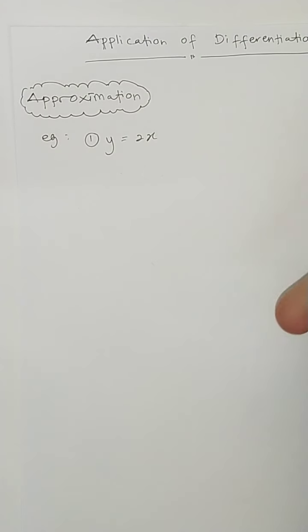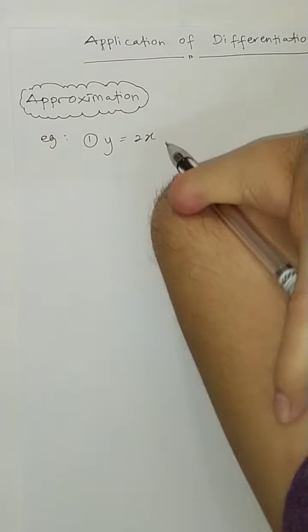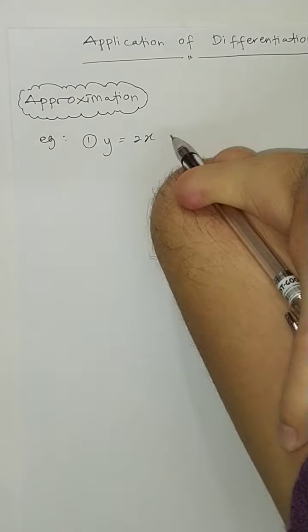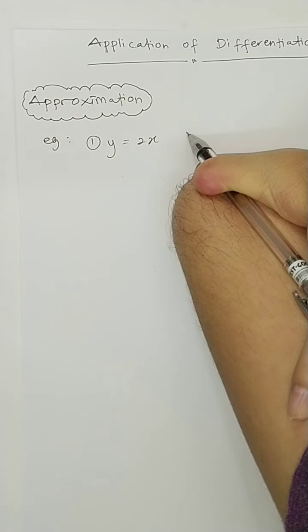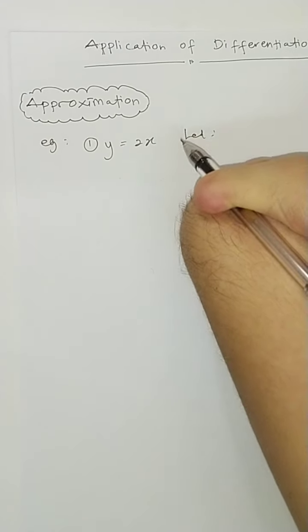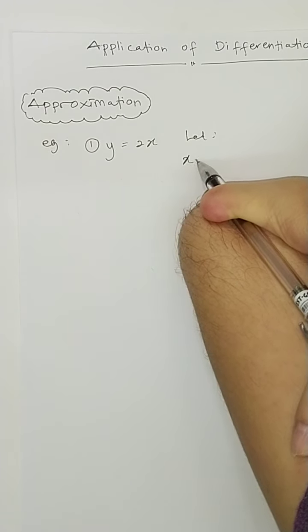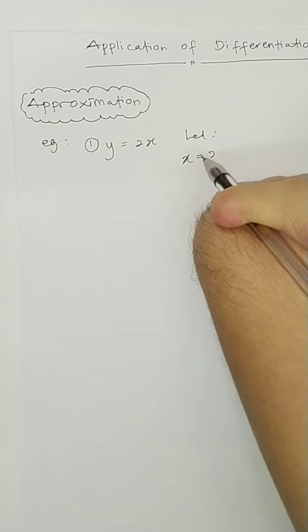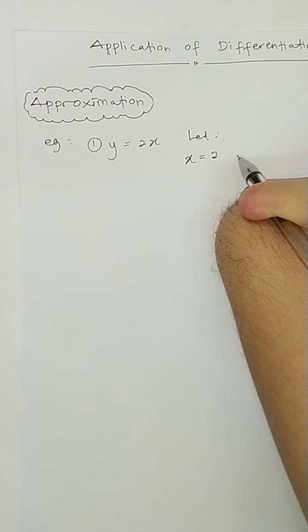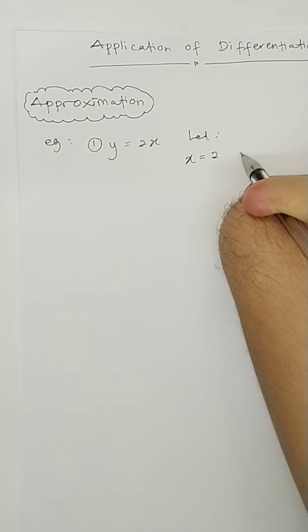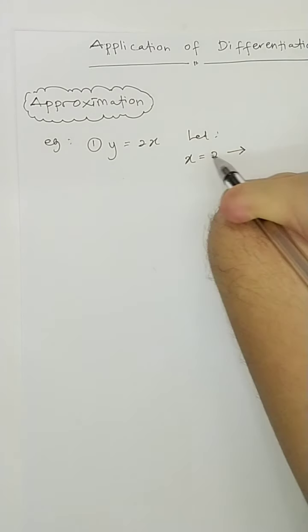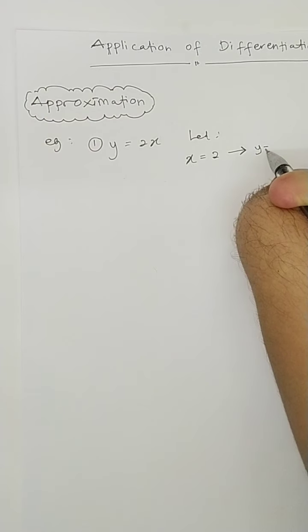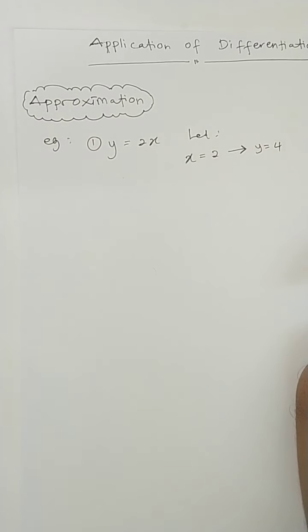We know that this is a linear equation. When we substitute x is equal to 2, we will get y is equal to 4.